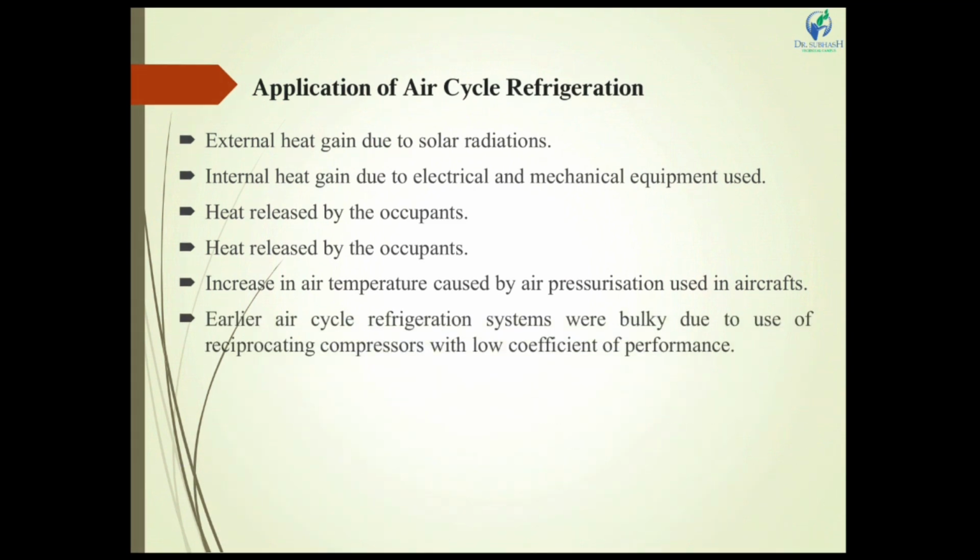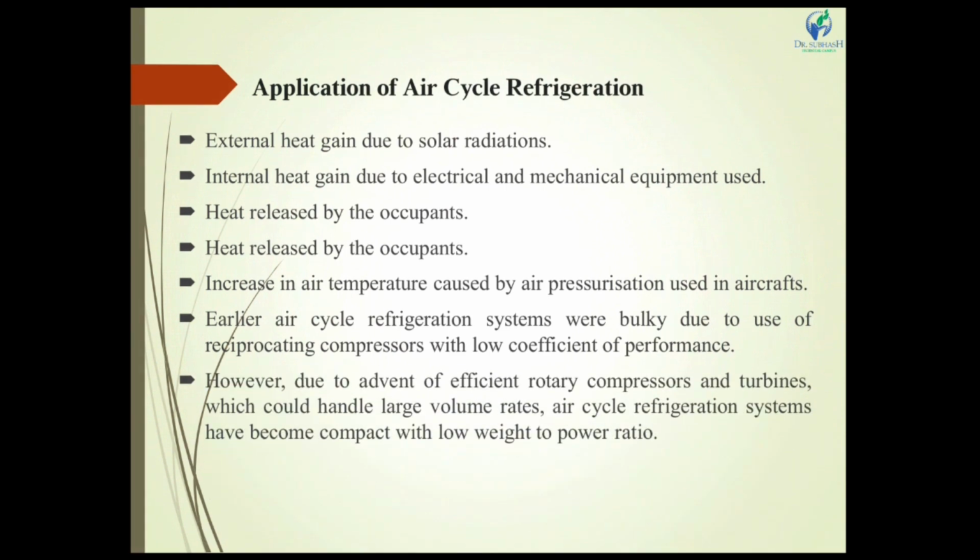Earlier, air cycle refrigeration systems were bulky due to the use of reciprocating compressors with low coefficient of performance. However, due to the advent of efficient rotary compressors and turbines which could handle large volume rates, air cycle refrigeration systems have become compact with a low weight to power ratio.